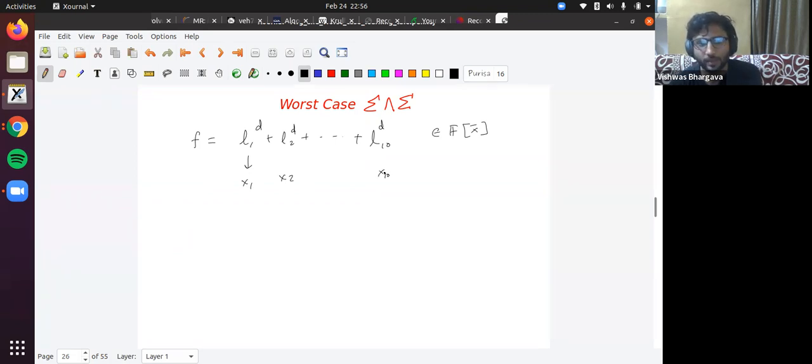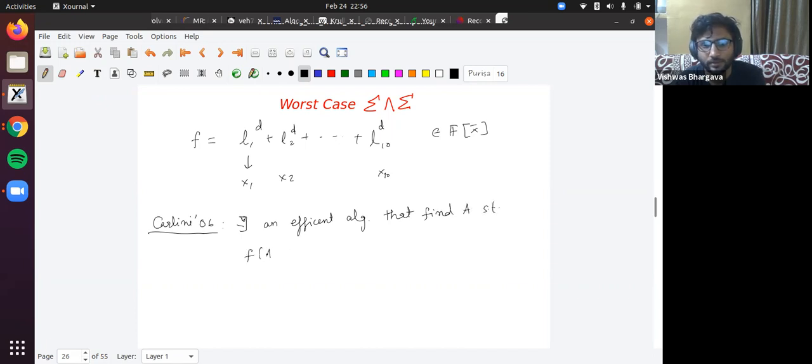So there's a result by Carlini which says that you can do this algorithmically very efficiently. Carlini '06 said that there exists an efficient algorithm that finds A, a matrix such that f(Ax) just depends on essential variables.